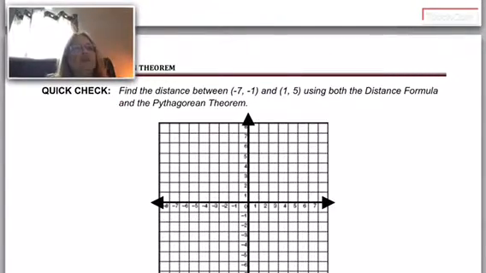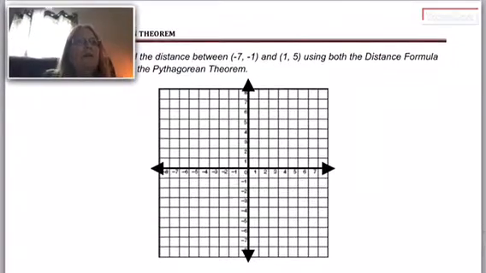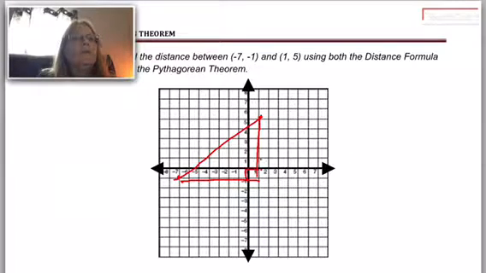So on the quick check, it asks you to solve the next one using both the distance formula and Pythagorean theorem. And so you can do these either way. So (-7, -1) is right here, and (1, 5) is right here. And so they want to know how far that is, so we can draw a right triangle and then count 1, 2, 3, 4, 5, 6. 1, 2, 3, 4, 5, 6, 7, 8.